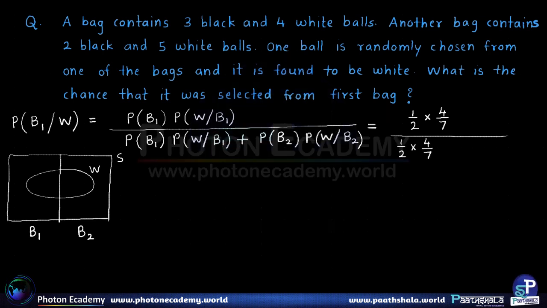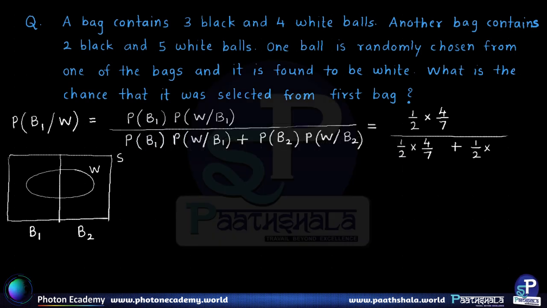that is 1 by 2 into 4 by 7, plus, for the second term, probability of B2 is once again 1 by 2, multiplied by probability of white ball given that it's the second bag B2. In the second bag we have 2 black and 5 white balls, so total 7 balls, out of which 5 are white.